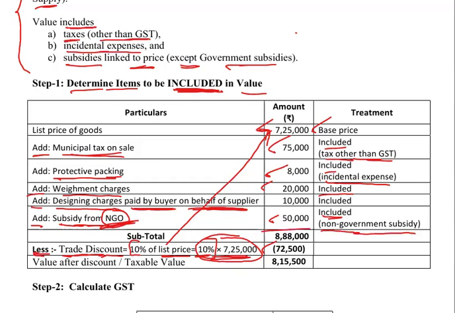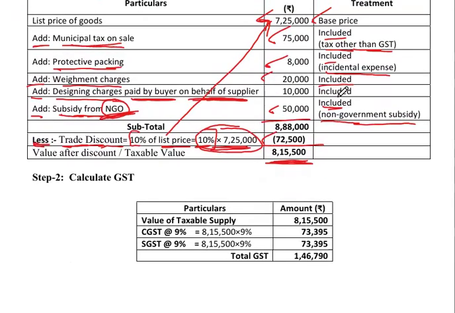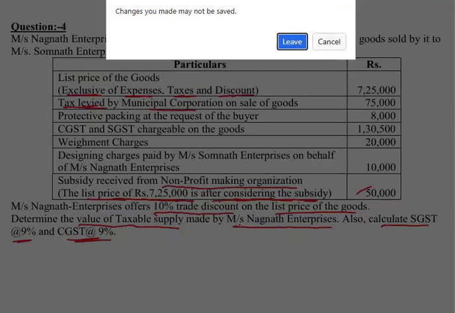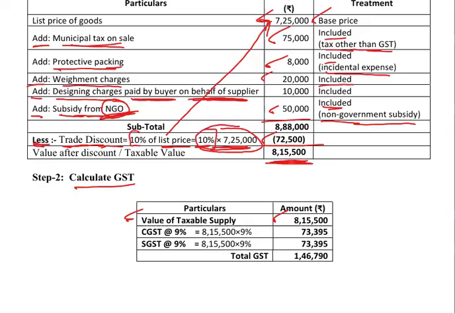Therefore, the total amount comes to 8,88,000. From that, the trade discount is deducted. Therefore, the value of supply will be 8,15,500. So this is the value of supply. Next part is the GST calculation. On the value of 8,15,500, 18% GST will be there, that is 9% CGST and 9% SGST. 8,15,500 into 9% is 73,395.